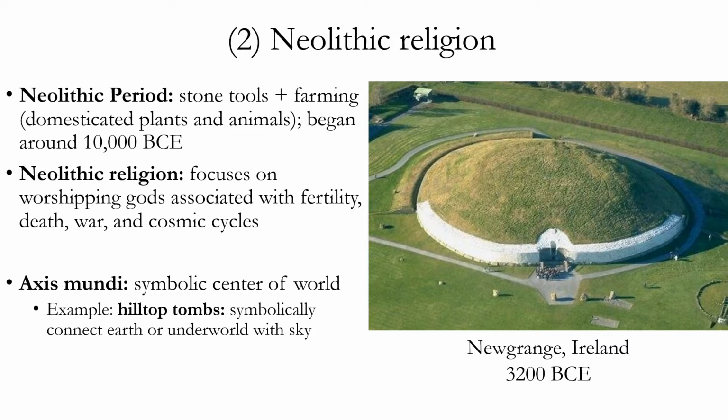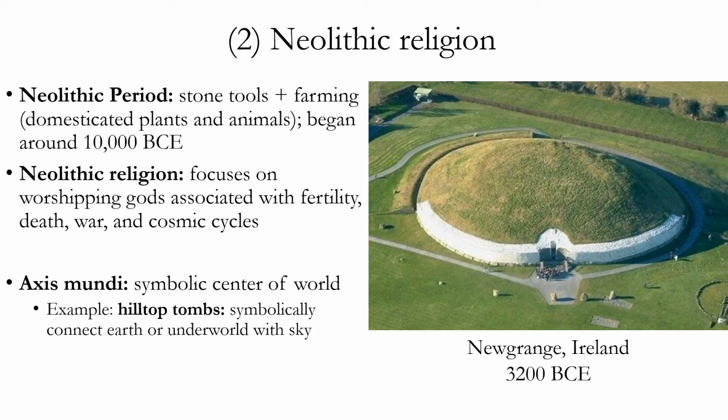So an example is the hilltop tombs or mounds built in Ireland and other parts of Europe during the Neolithic. The Neolithic came to Europe later than the Middle East. There was basically a gradual migration of farmers from the Middle East to Europe throughout the Neolithic period.